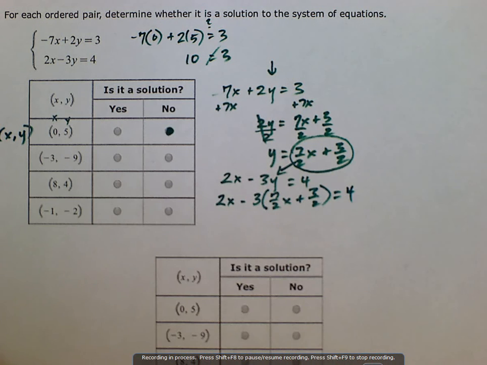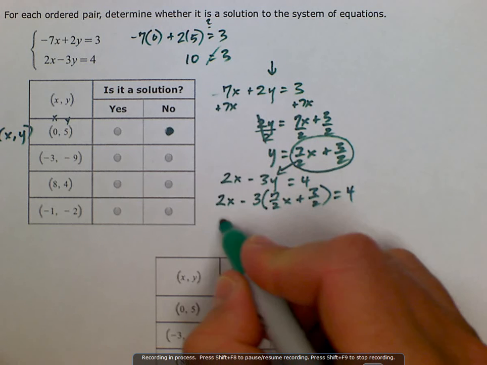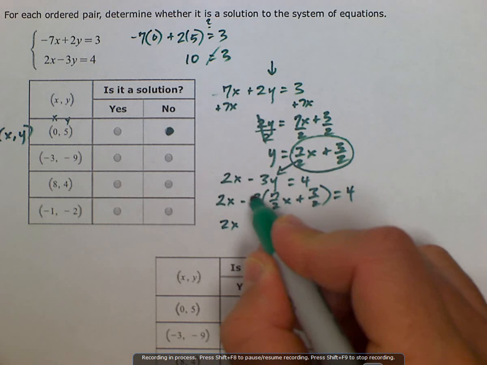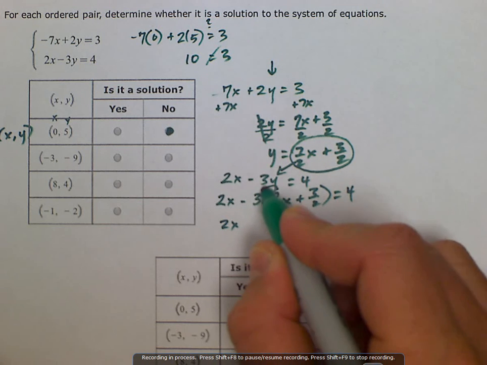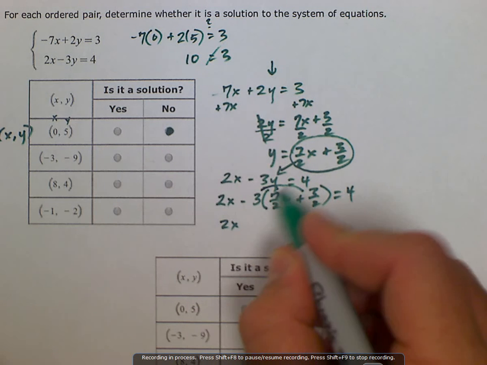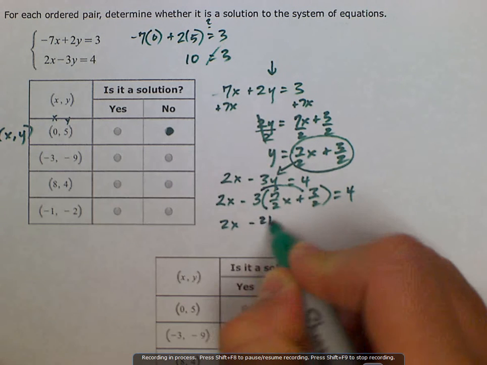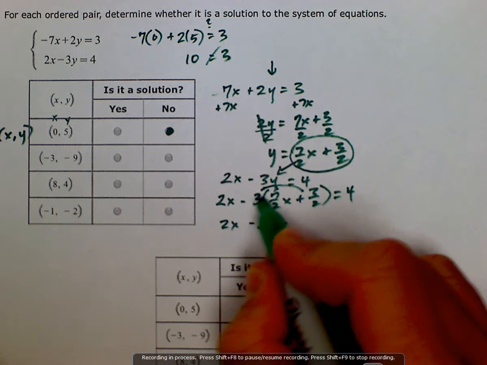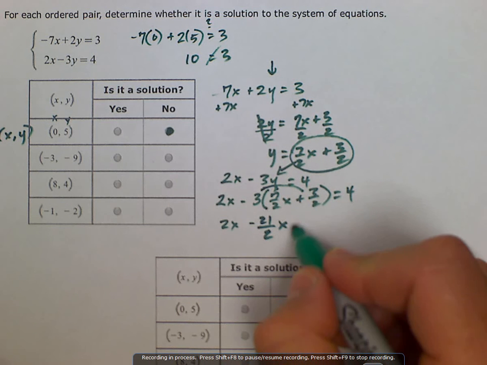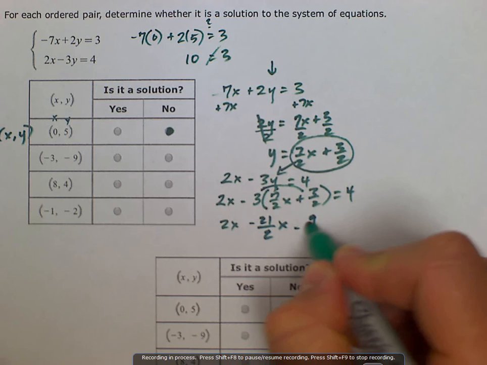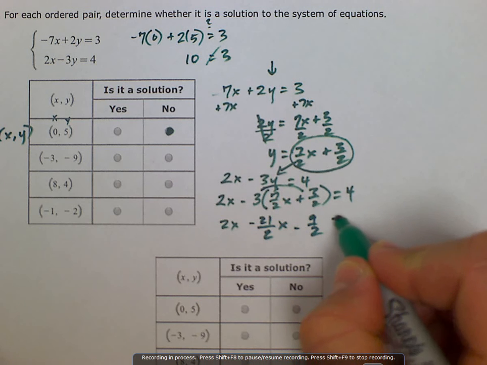And here I would distribute. So I have 2x. The -3 is going to distribute here and to there. So -3 times 7 is a -21/2 x. -3 times 3/2 is going to give me a -9/2. And that is going to equal 4.